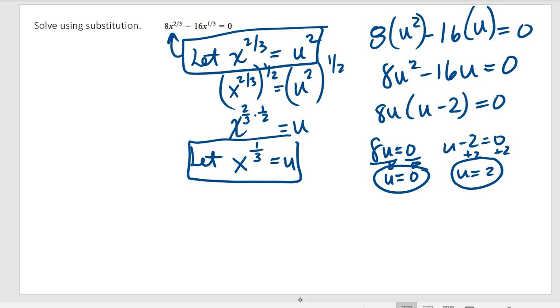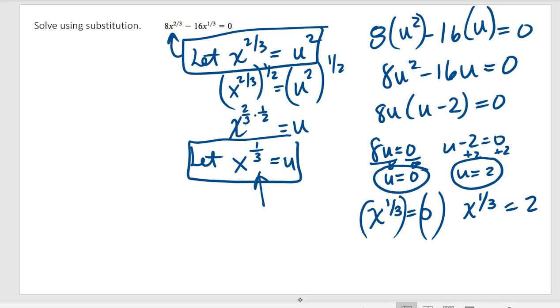But whoa, you're not done yet. The answer asks you to solve it in terms of x. We want to solve for x. So we have to remember to reverse substitute that u is equal to x to the 1/3. So we're going to raise both sides to the reciprocal, which is 3/1.